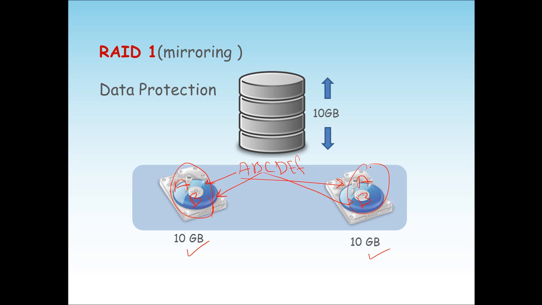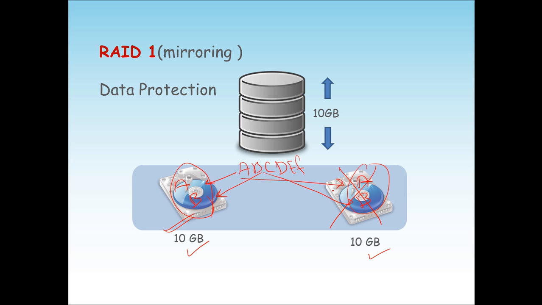But the advantage with RAID 1 is any data you write is completely safe from hard drive failure. So if this drive goes down, you still have all of your data completely safe. The system just gives you a notification, hey, there is a hard drive failure, please fix it.